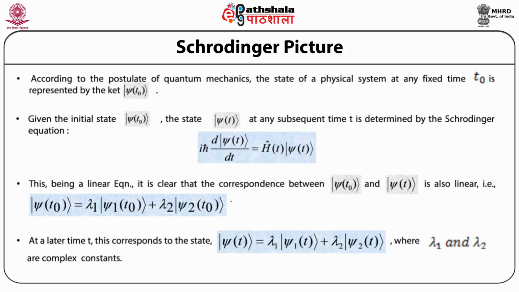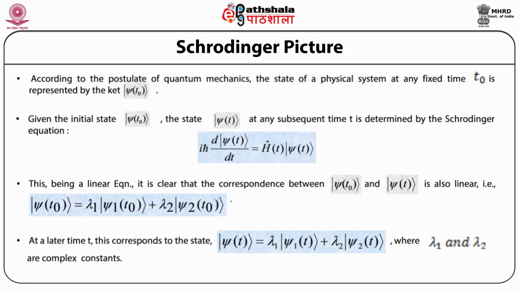And we have the general equation for the evolution operator: U(t', t) is equal to the inverse of U(t, t'), which is equal to U dagger(t, t'), which basically establishes that the evolution operator U is unitary.